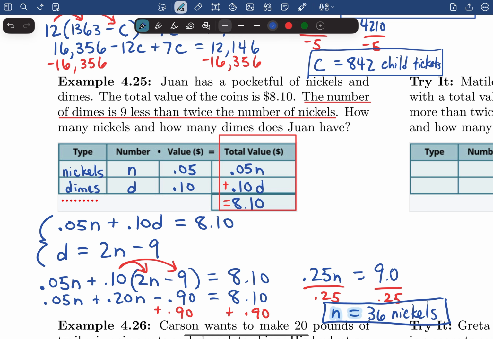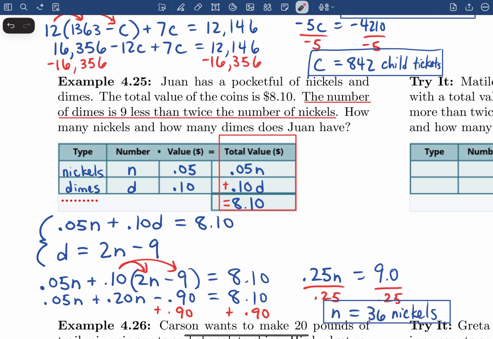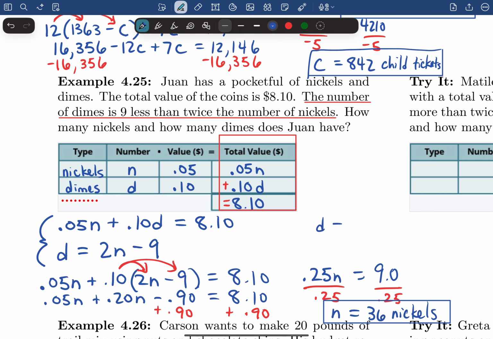Okay, now that I have found the amount of nickels, it's time to find the amount of dimes. And you'll recall, I can take that n is 36 and replace this n with 36 to find the number of dimes. Okay, so I'll take that equation, d equals 2n minus 9, and I'll replace n with 36.